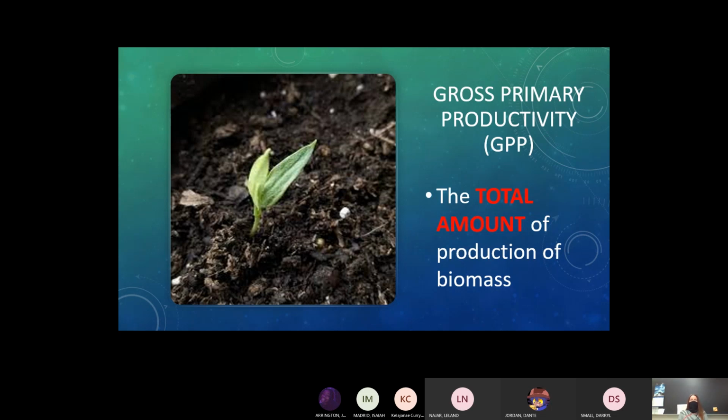So gross is the total amount of production of biomass. On a paycheck, it would be the total amount that you made, whether or not it's the taxes the government takes from you or the actual stuff you get to spend money on. It's just the total amount.